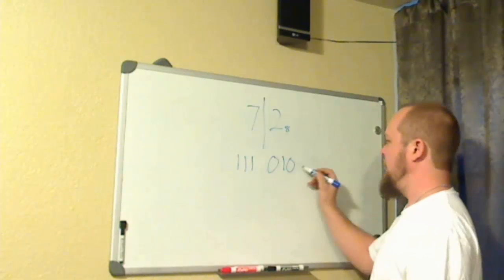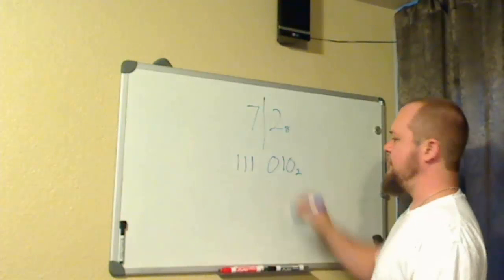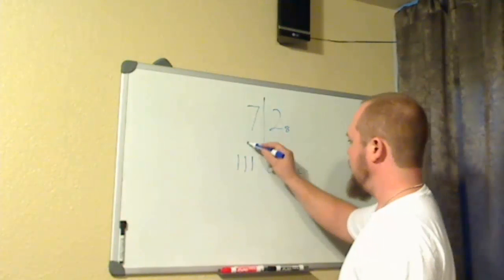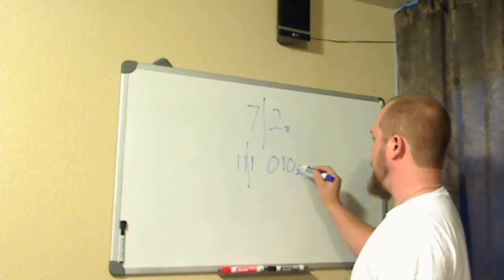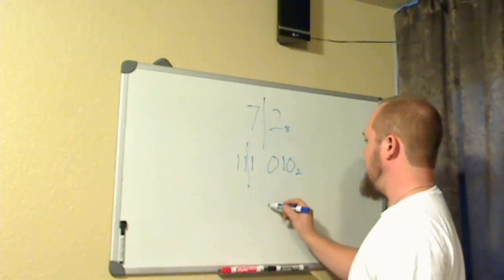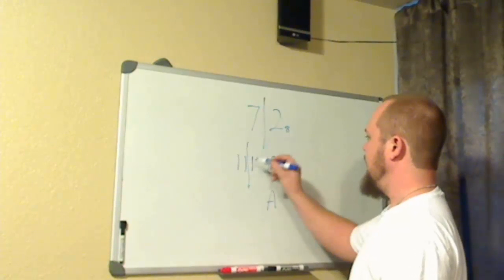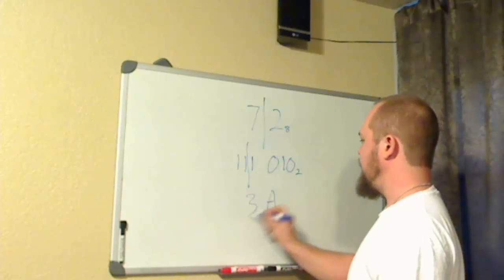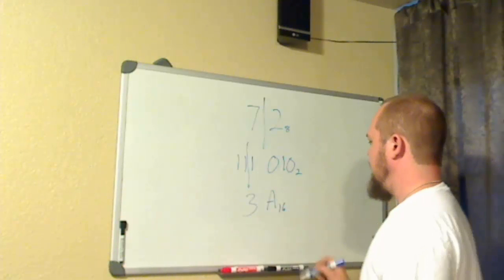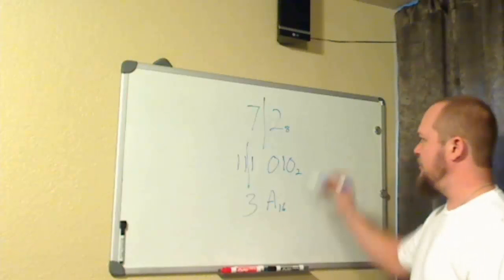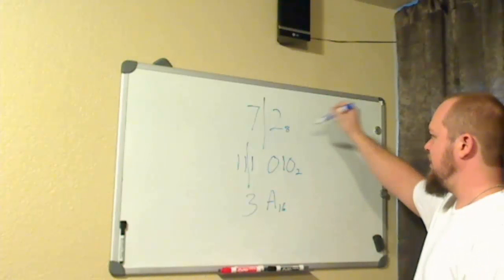And now, to convert this over to hexadecimal, every 4 bits, so 1010 is 10, which is A, and this is 3, so 3A base 16 hexadecimal is the equivalent to 72 in octal.